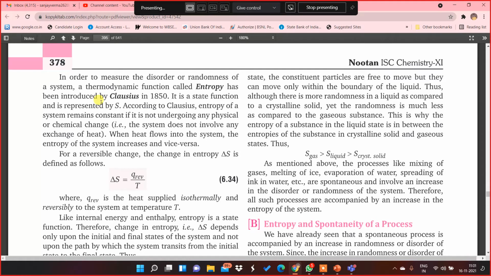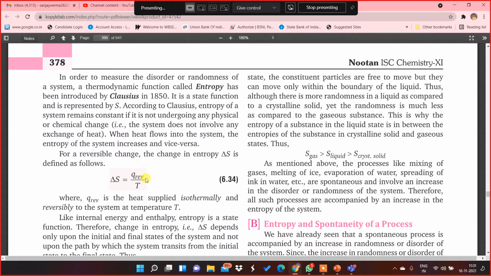Now we'll come to some mathematical relations with respect to entropy. In order to measure the disorder or randomness of a system, this thermodynamic function called entropy has been introduced by Clausius. According to him, entropy of a system remains constant if it is not undergoing any physical or chemical change. But when heat flows into the system, the entropy of the system generally increases and vice versa.